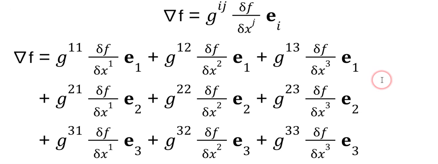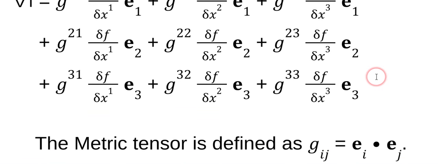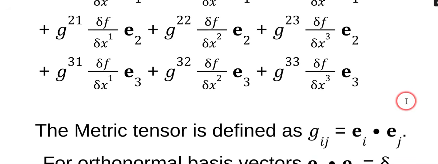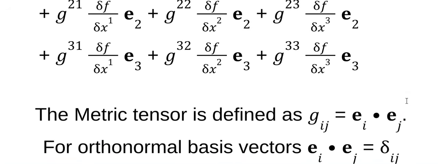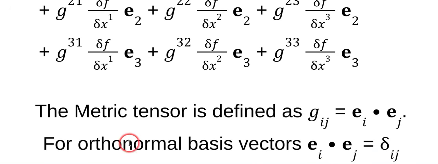Now, since we already talked about the Cartesian coordinates, the metric tensor is defined as this. It is the dot product, the inner product of the basis vectors. So for orthonormal basis vectors, as you have in Cartesian coordinates, ortho means they're at right angles, and normal means they're unit length 1. The e_i dot e_j, the inner product, is called the Kronecker delta ij.